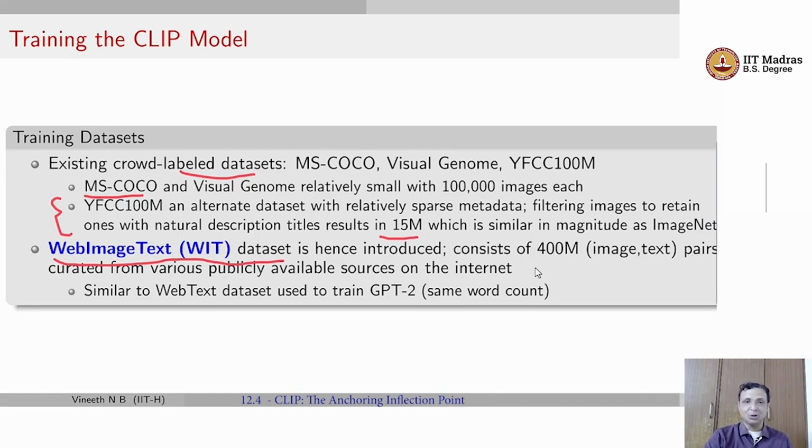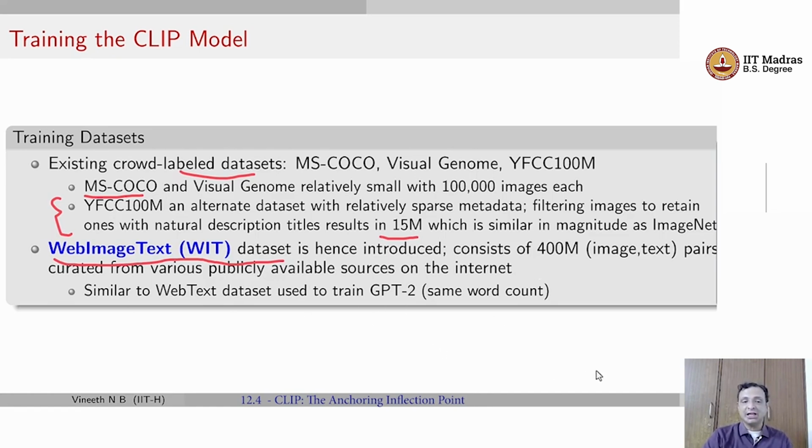This was their magic potion, if you can say so. Once you learn text encoders and image encoders that match these 400 million pairs, their claim is that now you could use the same encoders to even classify on newer labels as zero shot classification, as we mentioned.